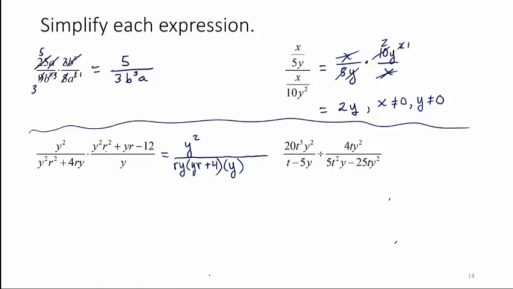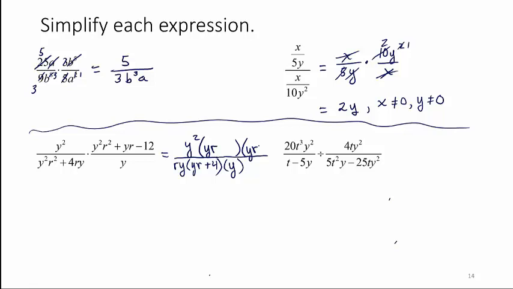But you've got all these other variables in there. So what I would do is think about that y squared r squared as like an x squared, right? And if we're factoring this, this is what I see in it. So you've got a yr and a yr. You want factors of 12 that add to 1, right? You think about that yr as like your x term.